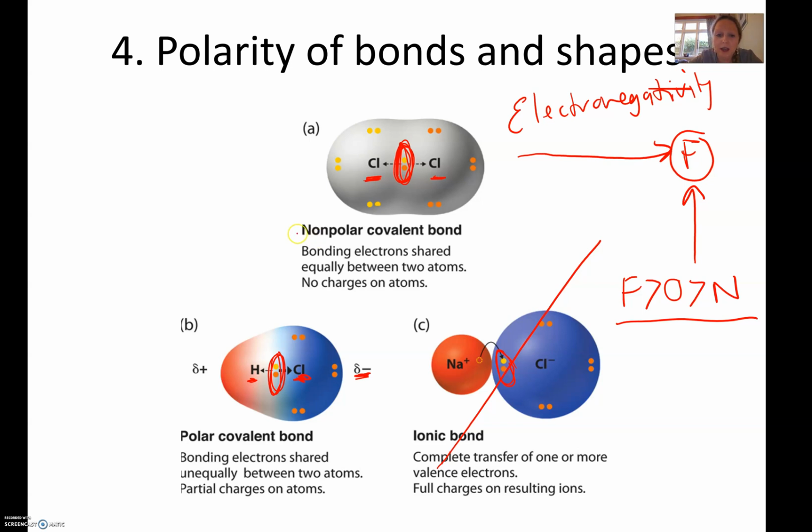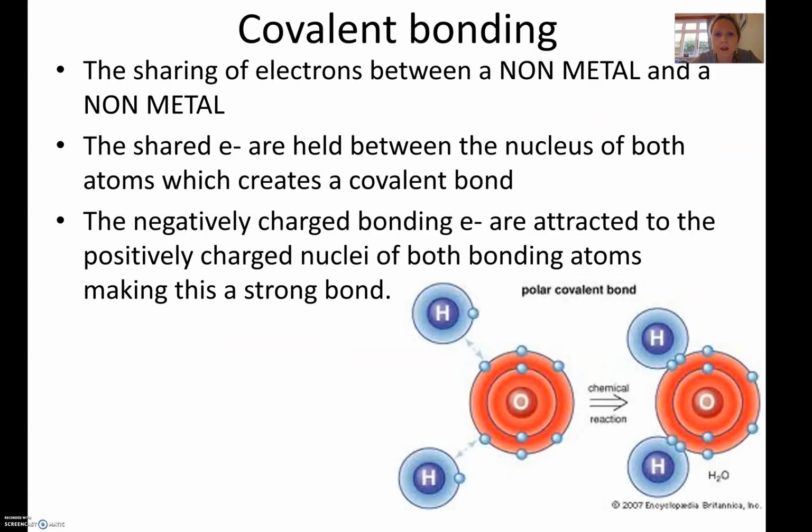Just to recap, a nonpolar covalent bond is when electrons are shared between the same atom, or element I should say, and a polar covalent bond is any bond where two different atoms are sharing electrons, because one will always be more electronegative than the other.